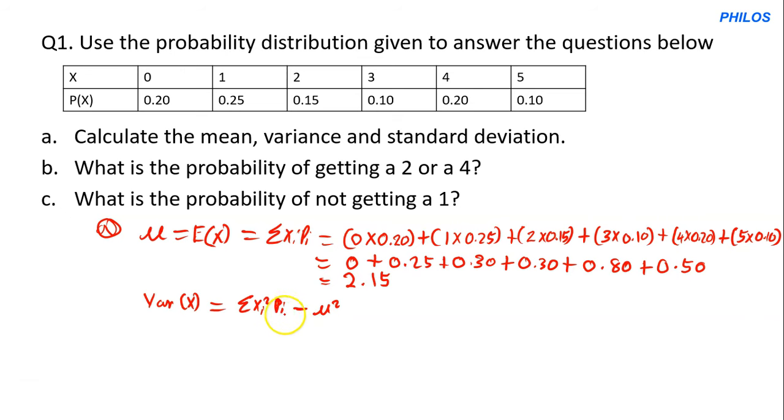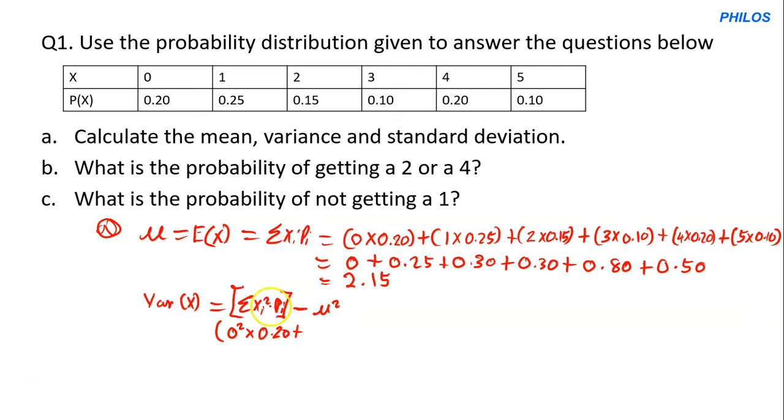Now what this means is, we should square each x value and multiply it by their various probabilities. So let's do that. When we take the first x value, which is 0, we square it and multiply it by its probability, which is 0.20. We are finding this separately before we subtract the mean from it.